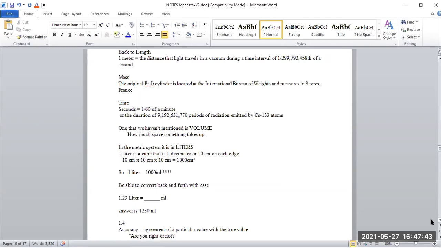If you had a little cube that is 1 decimeter on each side, that will give you a liter. So you have 10 centimeters by 10 centimeters by 10 centimeters.